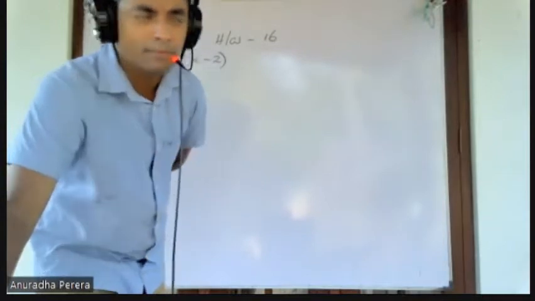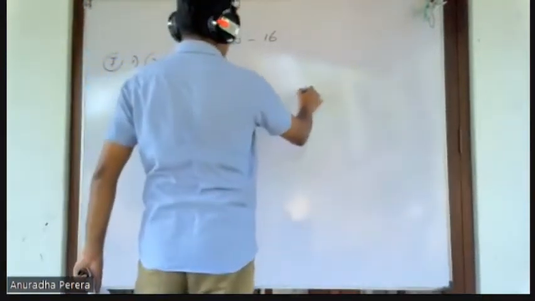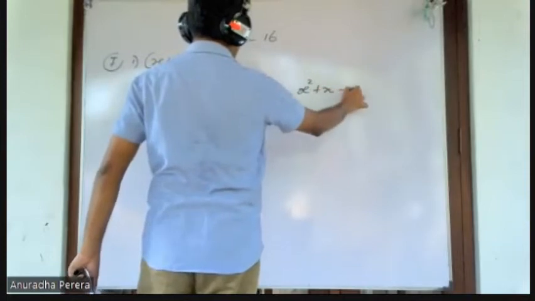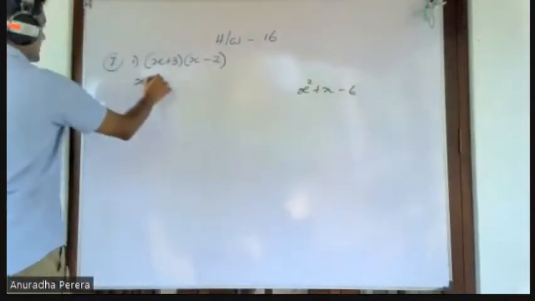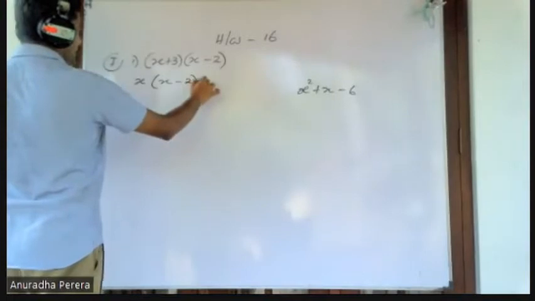X squared plus x minus 6. You can check it. X times x minus 2, then plus 3 times x minus 2.